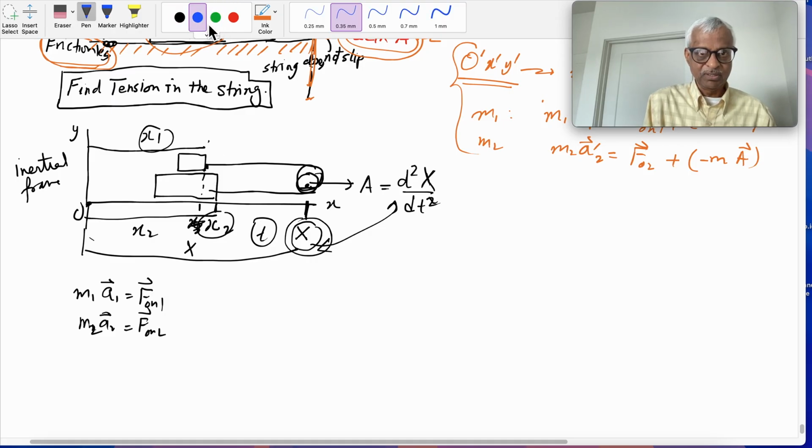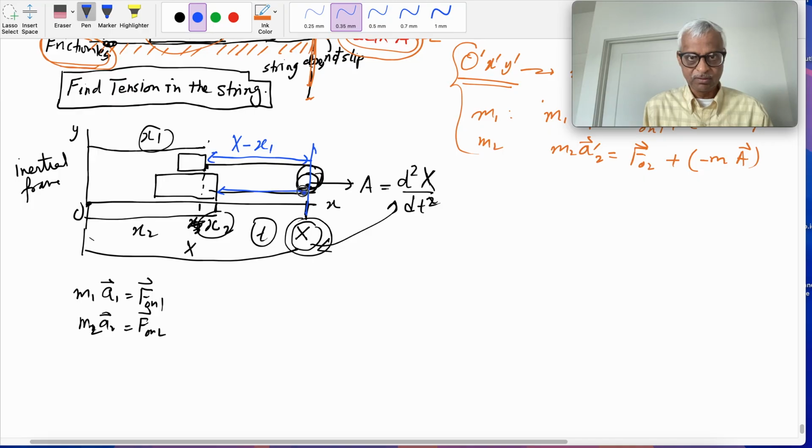One way to look at the relation is to say this side of the string will be X minus X1, and this side of the string will be X minus X2. And we can ignore this other part, but you can call it B. Doesn't matter, we don't need to know that.